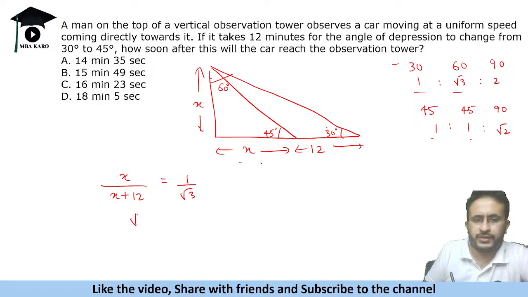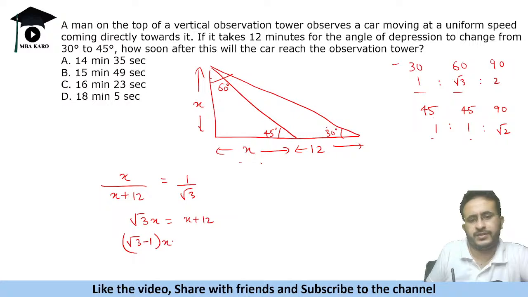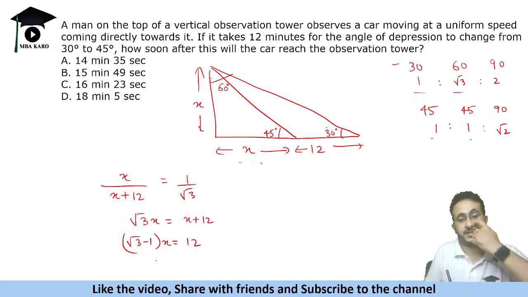So what do we get? Root 3x is equal to x plus 12, or we will get root 3 minus 1, x is 12, or x is equal to 12 upon root 3 minus 1.